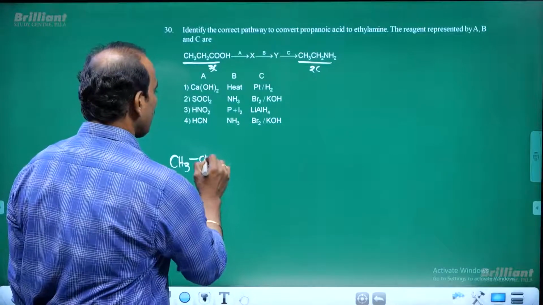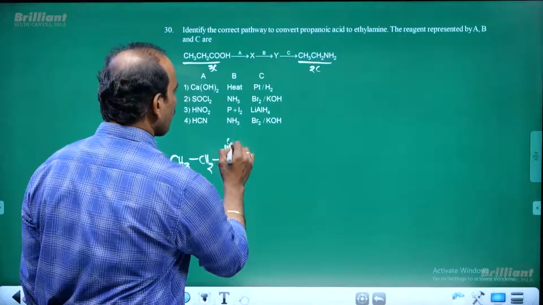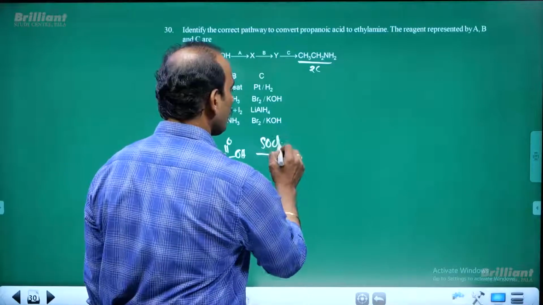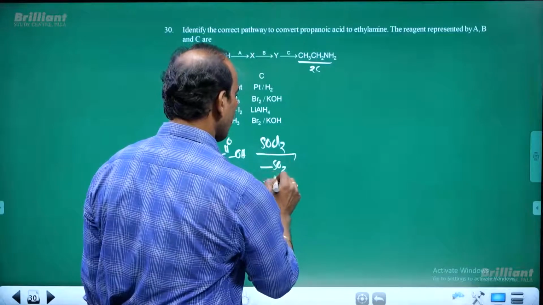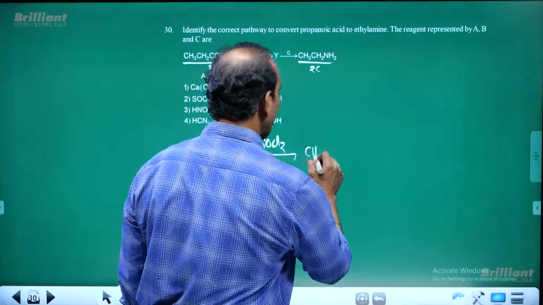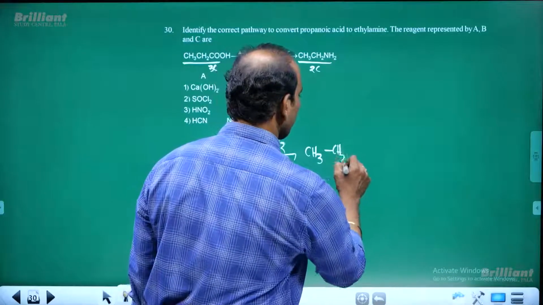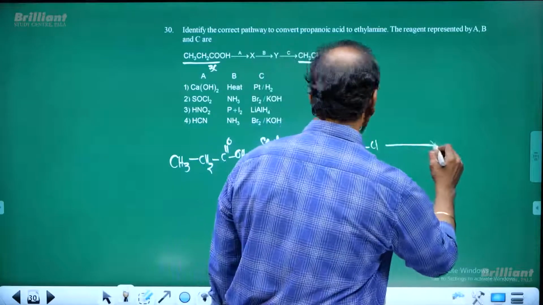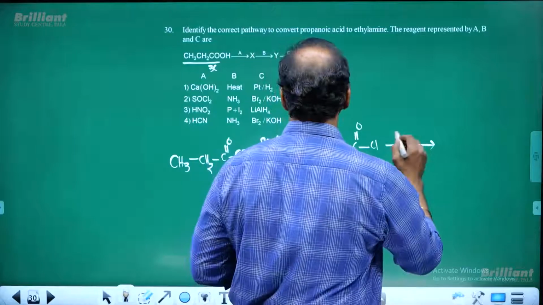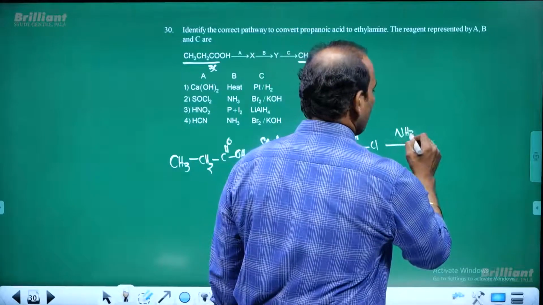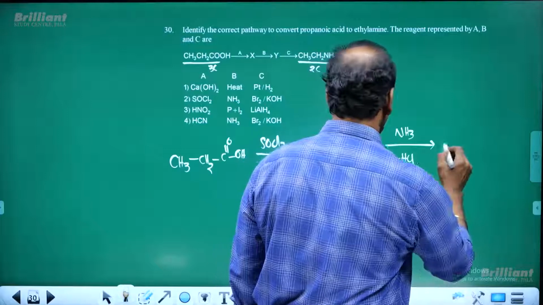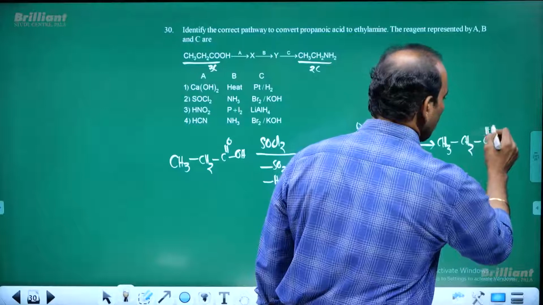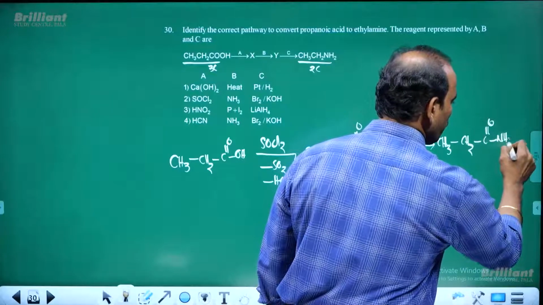So first one is CH3CH2C double bond OH treated with SOCl2, minus SO2, minus HCl, changes to acid chloride, CH3CH2COCl. This is treated with ammonia, minus HCl, CH3CH2CONH2, is an amide.